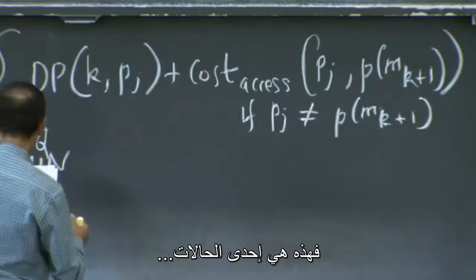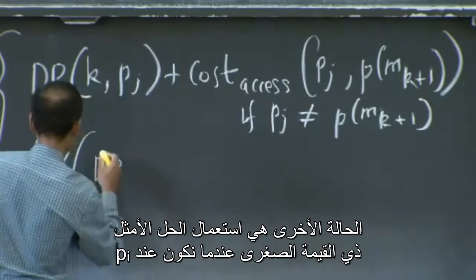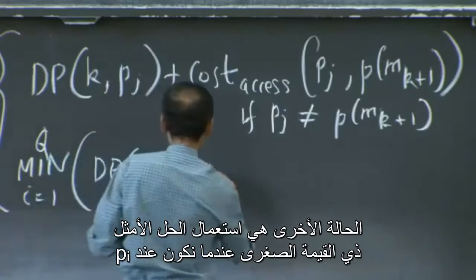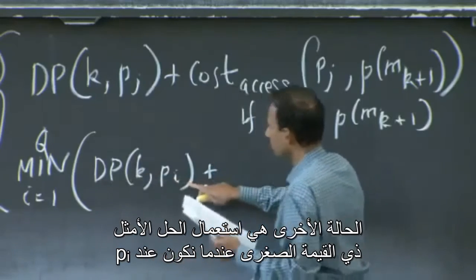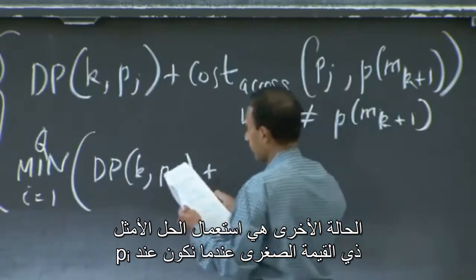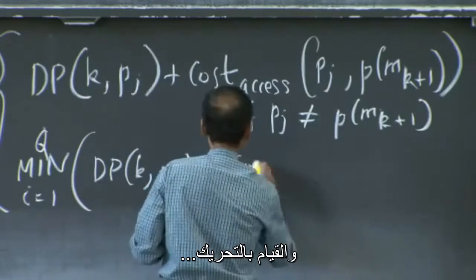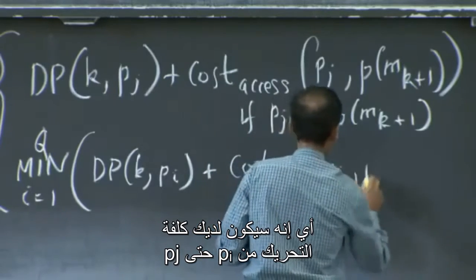So that's one case. The other case is to use the minimum solution, optimum solution corresponding to ending at PI, and do a migration. You have cost of migration from PI to PJ.